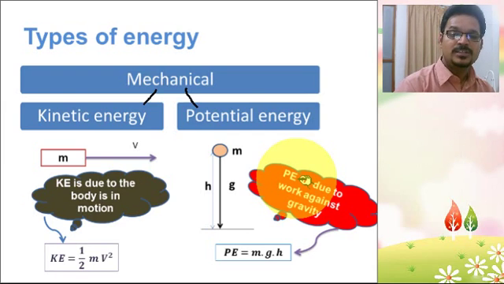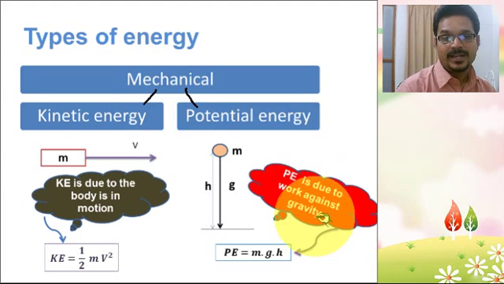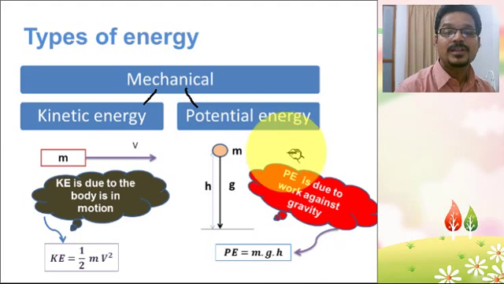So potential energy is due to change in the size and shape of the body also. That's why sometimes this potential energy, which is the work against gravity, is also called gravitational potential energy, GPE.